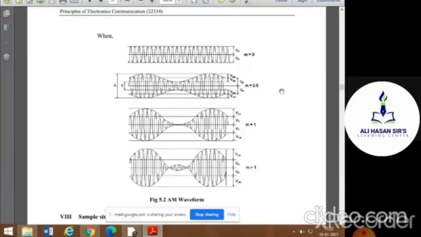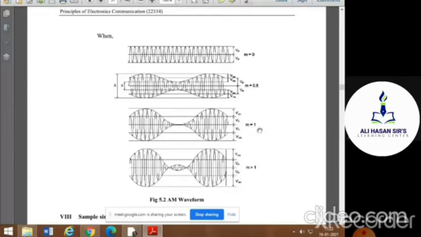That means the modulation index is 50%, and as the modulation index is less than 1, this type of AM waveform is called undermodulation. Here you can see the upper sideband and the lower sideband do not touch each other.